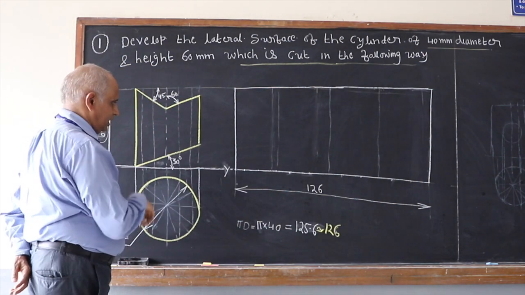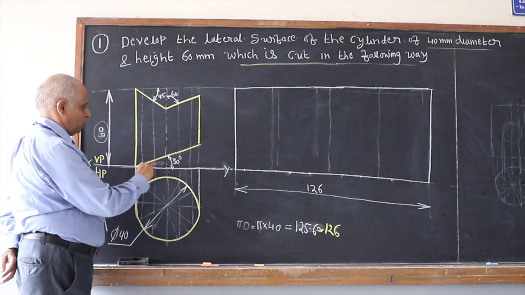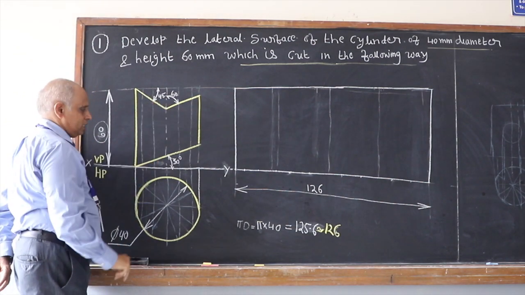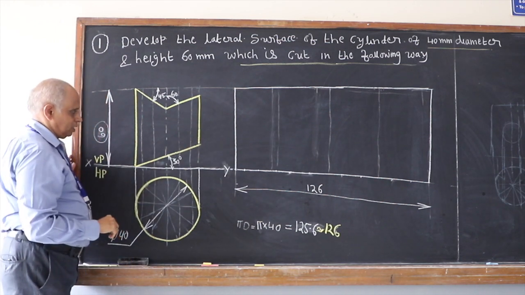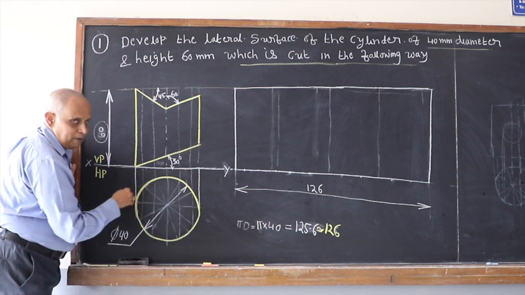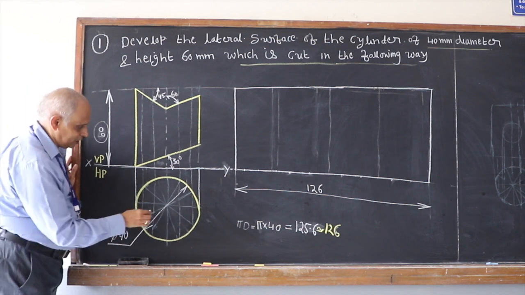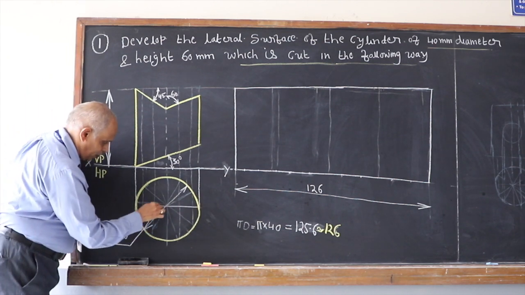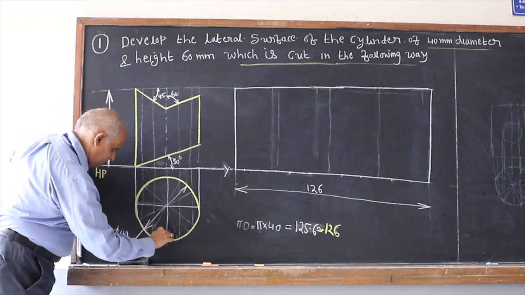But you know that the cylinder is cut by three section planes, one here and the other two here. Let us try to focus on this bottom section plane, and for that it is better you divide the circle into some number of parts. Preferably 12 is advisable, means 30-degree divisions. Horizontal diameter, this is vertical diameter.